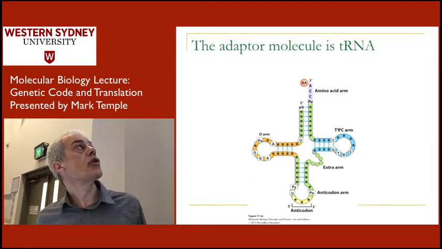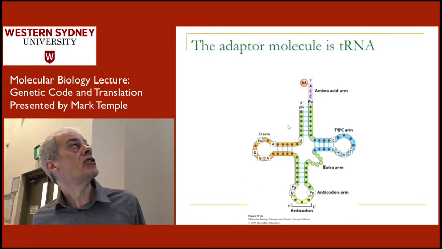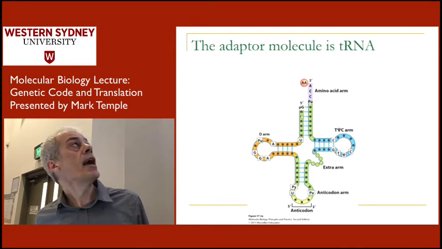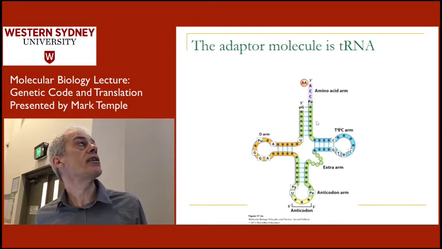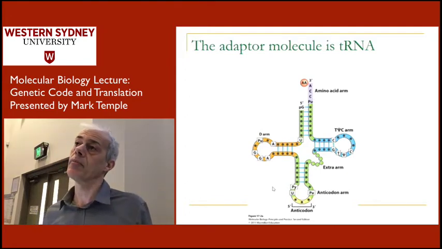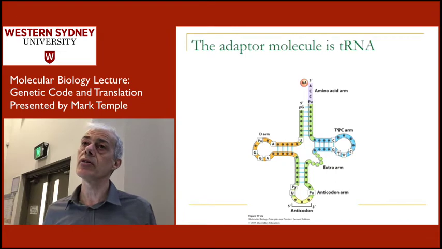This is just drawing one of these transfer RNAs, which might be less than 100 nucleotides long, and its primary structure, its single-stranded species, can fold up into a defined structure. So it's got a defined 3-dimensional structure.